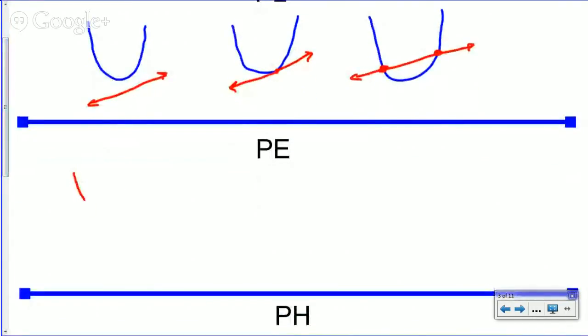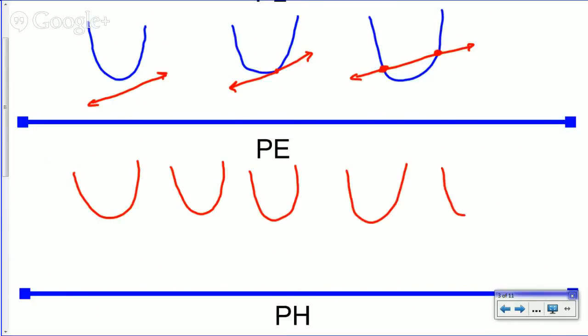Let's look at a parabola and an ellipse. Okay. So again, here, maybe it doesn't touch it. Maybe it touches it once. Maybe it touches twice.